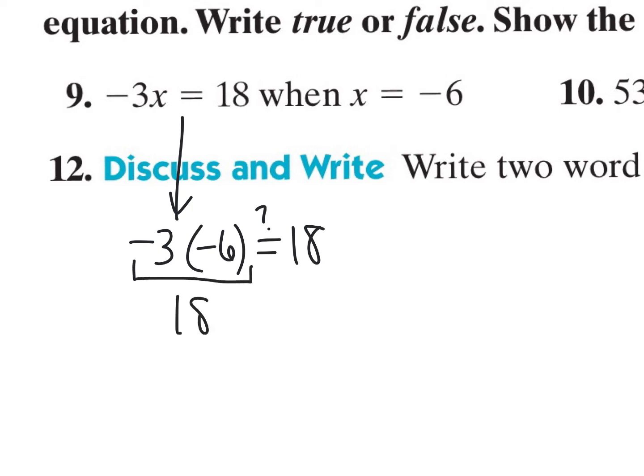Negative times negative is positive. 18 equals 18. So we could say yes, this is a solution of this equation. And this one, if you'll notice, the x does not have an exponent, so that actually would be the only solution. That would be the only value we could put in place of x that would make this work.